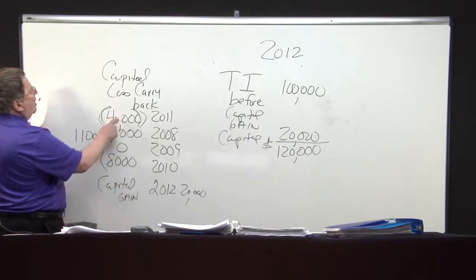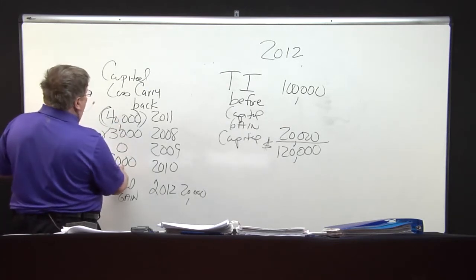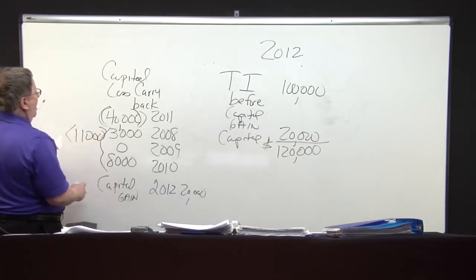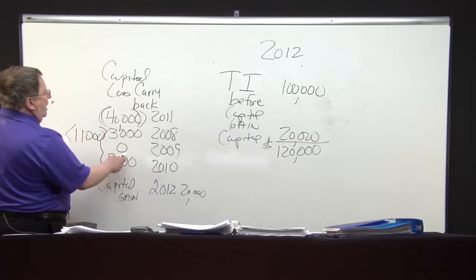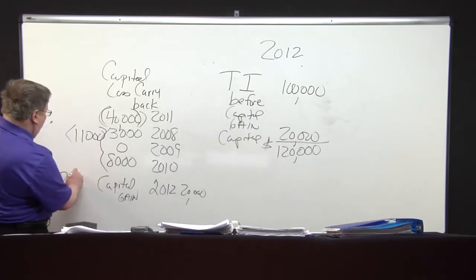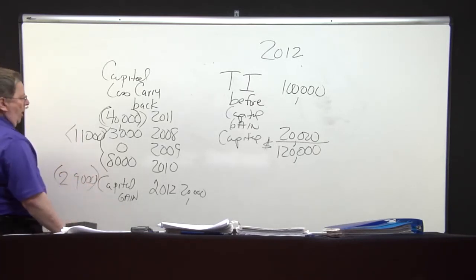We're going to use $8,000 of the capital loss to carry back and get rid of this $8,000 gain. So we used $11,000 of the capital loss, all right, to get rid of the carrybacks. All right, now that leaves $29,000 to carry forward.